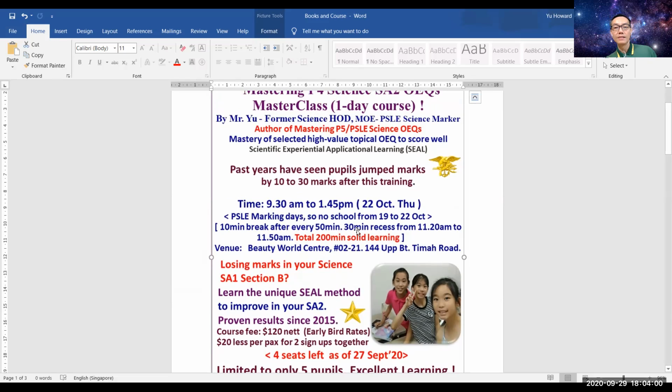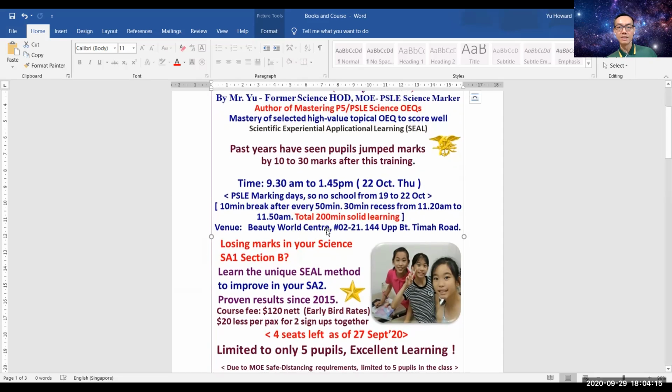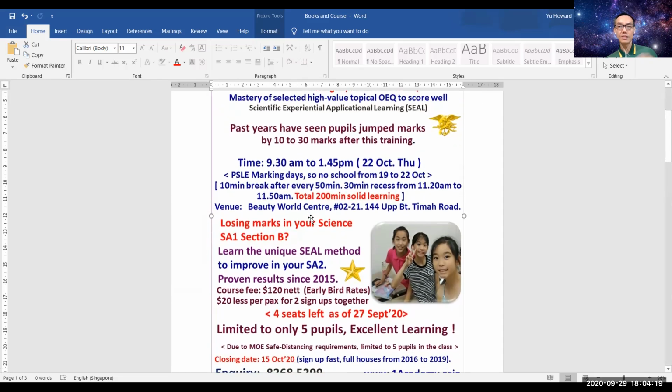And then they have a 30-minute recess from 11:20 to 11:50, where I bring them up to the food court to have some snacks so that they can recharge and continue the remaining part of the training. So in total, there are 200 minutes of solid learning in a very safe environment, the Beauty World Center.